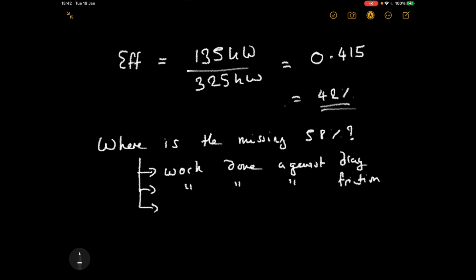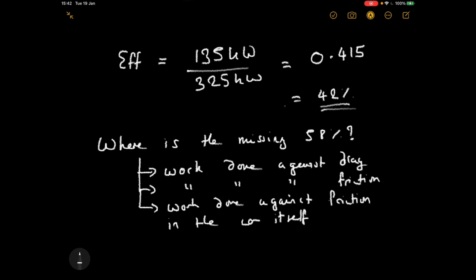We'll have also lost it to work done against friction in the car itself, which is one of the reasons why it's important to have well lubricated machines, so that we don't have this loss as things glide over each other.